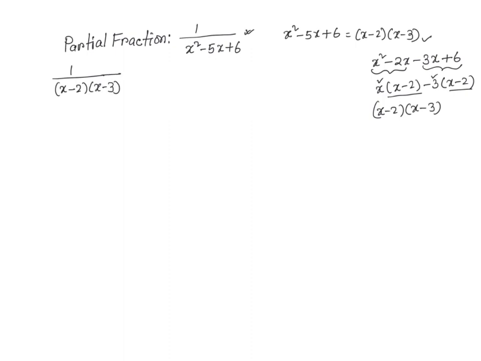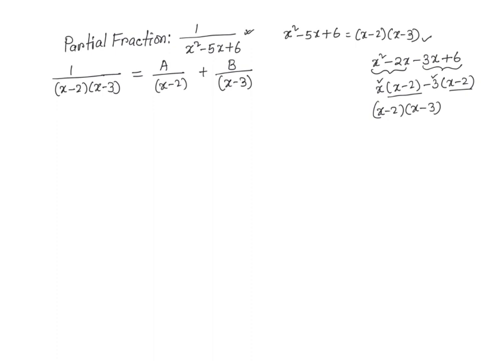Now my objective here is to create a partial fraction from it. By that, I mean I want to write it as a, some constant, over x minus 2 plus b over x minus 3. So this is my objective. Now it's pretty easy to do this. All you have to do is this.